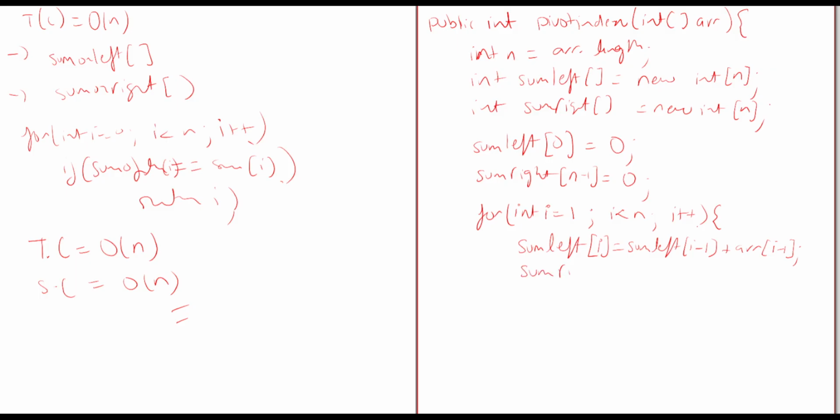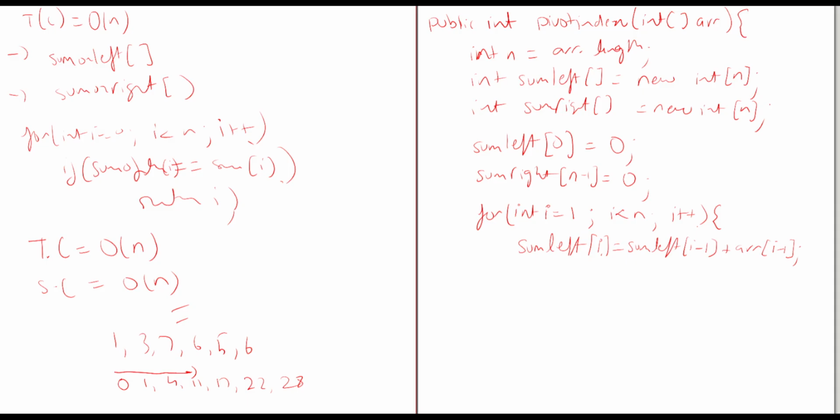And sum right will be, नहीं not i, यहाँ पे क्योंकि सम राइट को हम i से इनिशलाइज इसलिए नहीं कर सकते because we will be travelling from right side, है ना, क्योंकि इसमें अगर हमारे पास, what was our array, our sample array was 1 3 7 6 5 6, right. तो sum of left हम यहाँ से लेना शुरू करेंगे which will be 0 then 1 then 4 then 11, then 11 plus 6 will be 17, 17 plus 5 will be 22, 28, right?